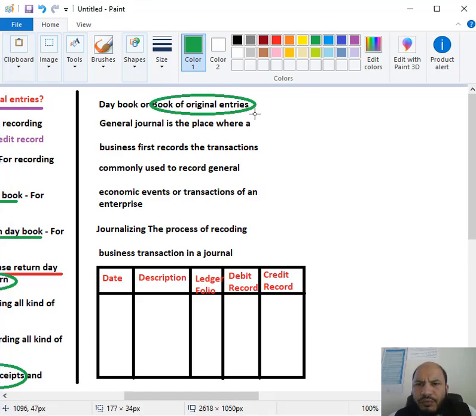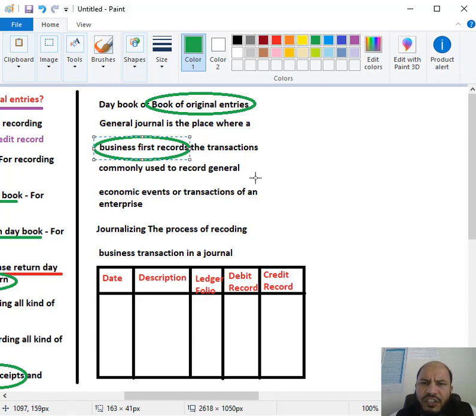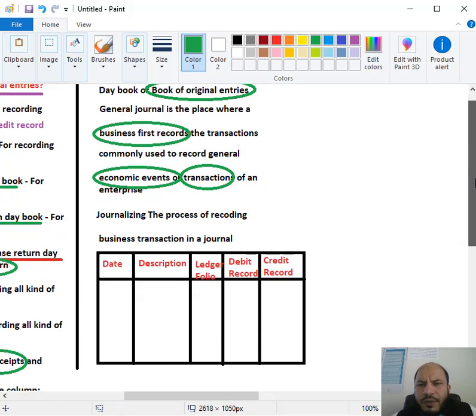This is one definition of this book: the general journal is the place where a business records its transactions for the first time. This book is commonly used to record general business transactions or economic events which are held within the business, the transactions or economic events of an enterprise.